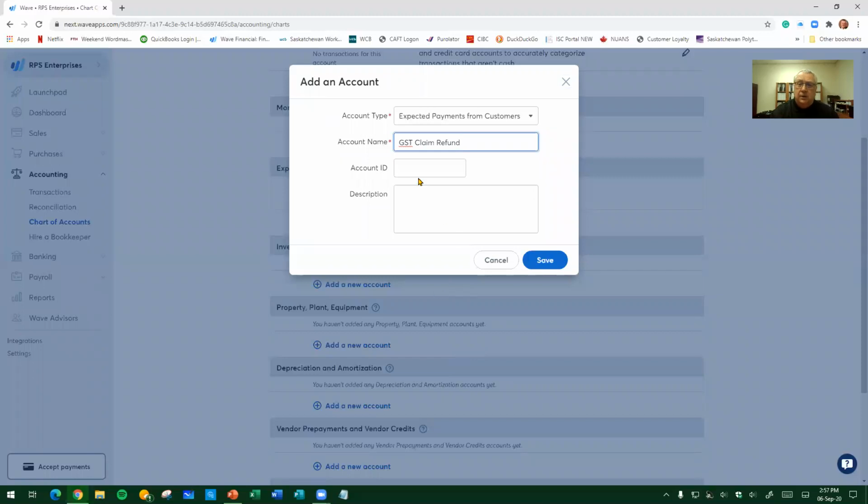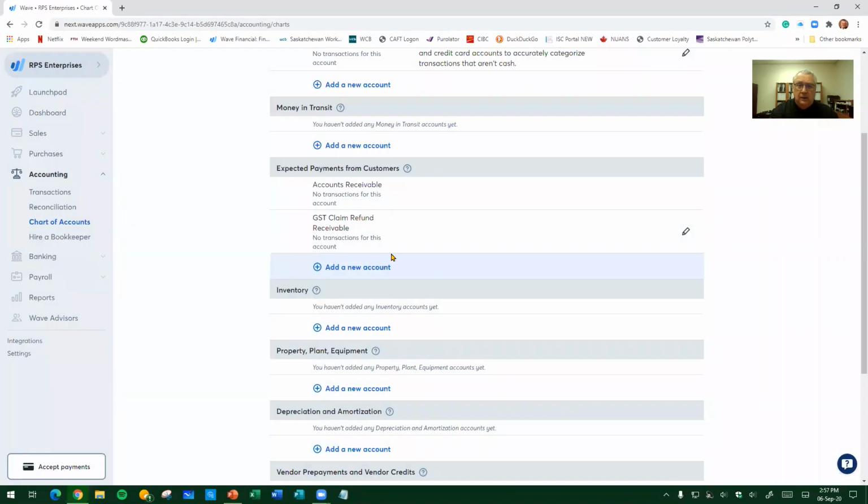And so as a result, you want to keep track of that. So it's not what they call a trade receivable. That's where you are owed money from one of your regular customers. That's not what this is all about. This is all about having a receivable from CRA that may take a month or two for the money to actually arrive.